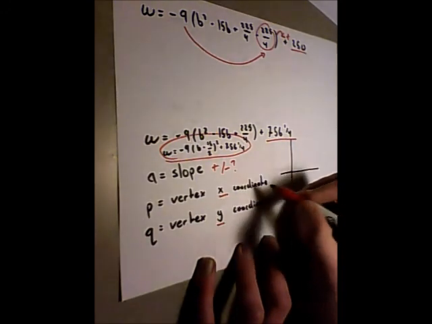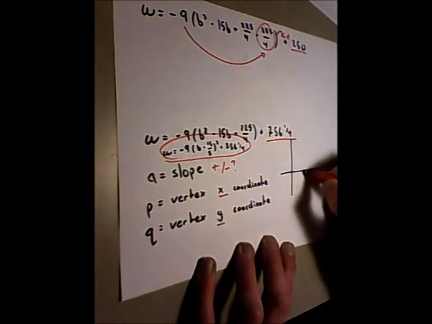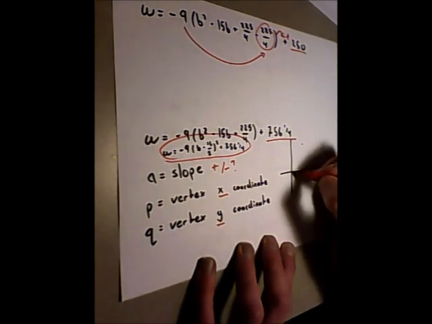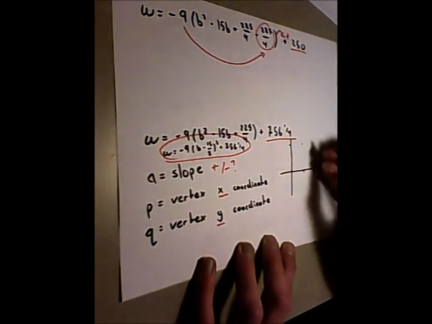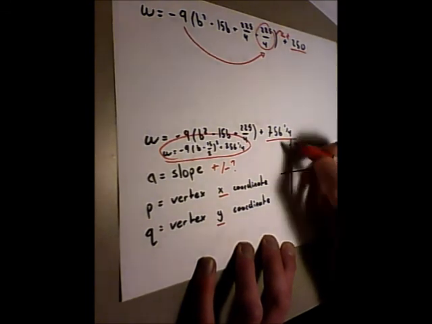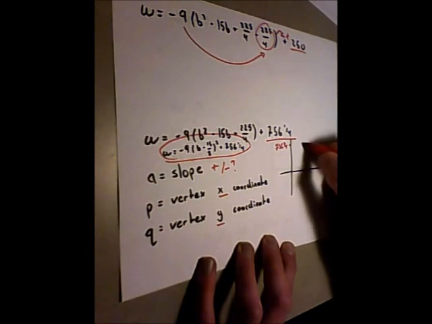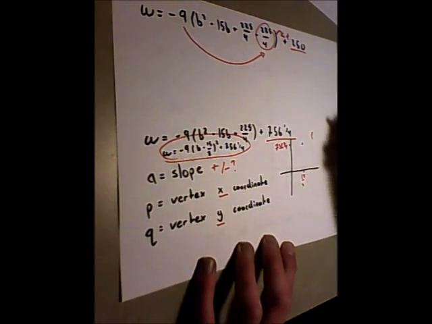So we look at our x coordinate, and go 15 over 2, and our y coordinate 756 and 1 over 4. There's the vertex point. The coordinates are 15 over 2 and 756 and 1 over 4.